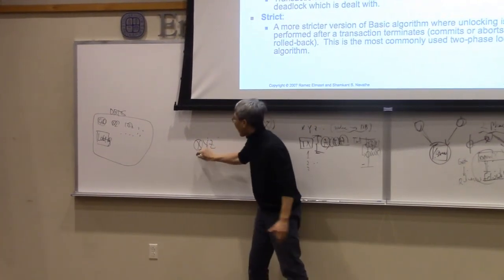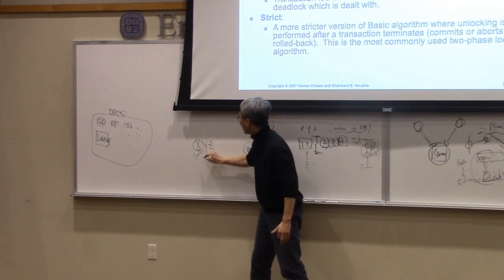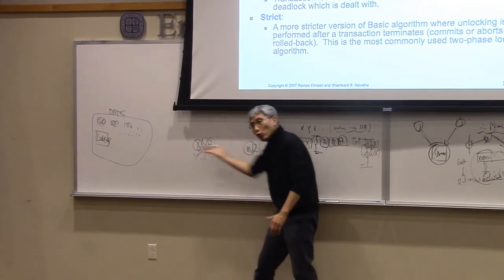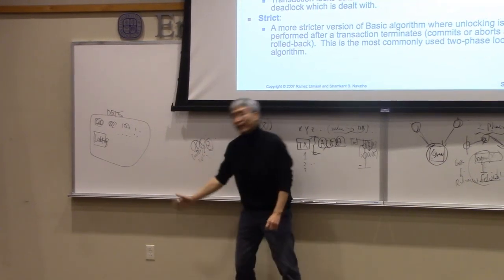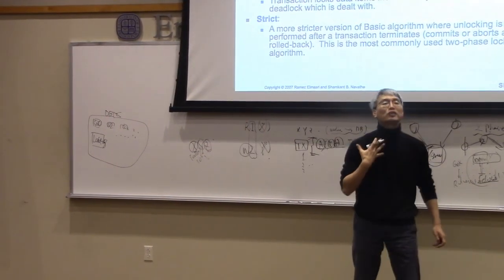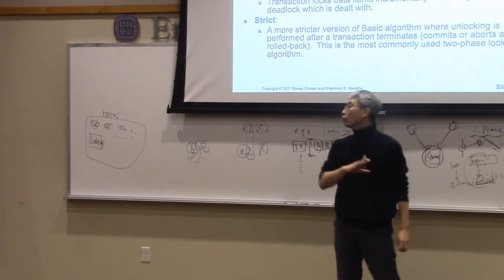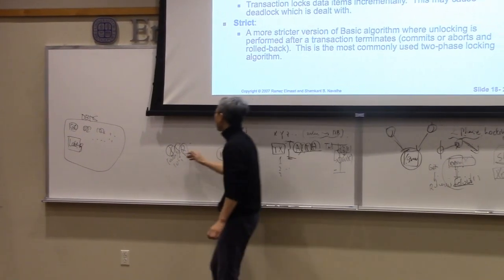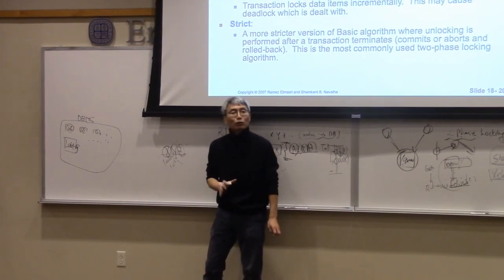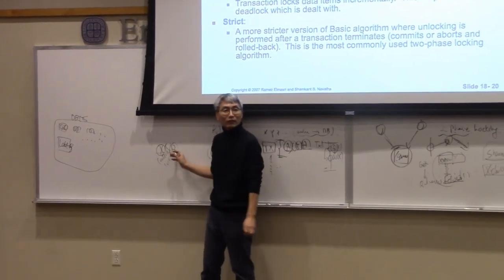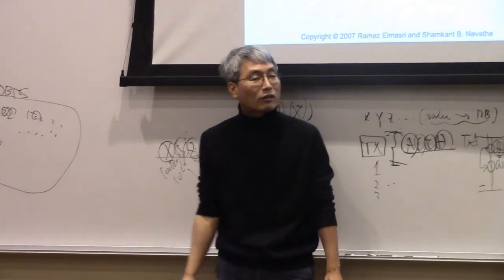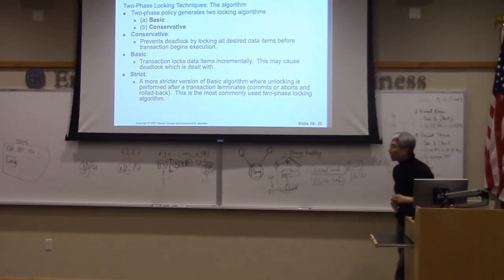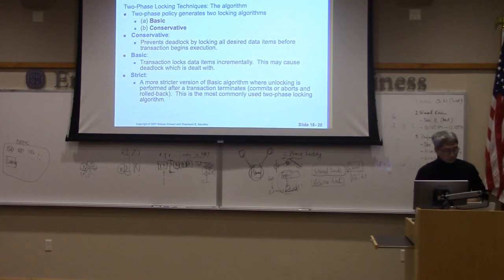So get the lock of X, the lock of Y, the lock of Z. If you get all the locks, then you can start. So it will not be a problem once you get the locks. But the problem is you need to wait until you get all the locks, so this will not be used in practical situations. But this is conservative.